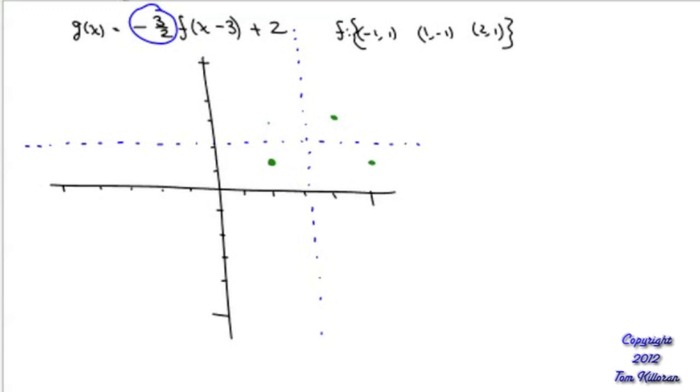It ends up here. Now this graph I'm going to draw in as a dotted line. This is not the graph that I need. What I need is 3/2 of this. Now I'm not going to be precise with it, I just need to put it in the right location. So if I 3/2 all of these coordinates on this graph, which way does it go? Does it go towards the horizontal or away from the horizontal?